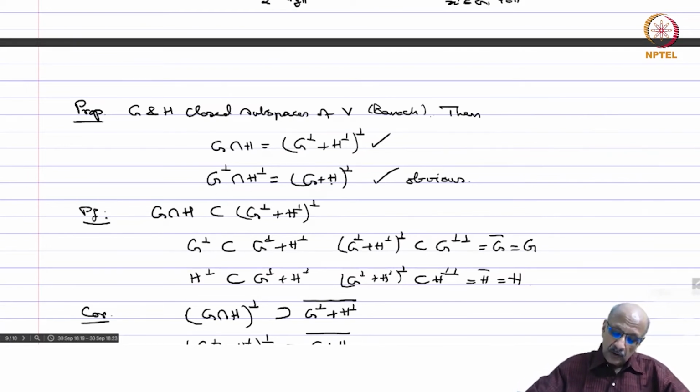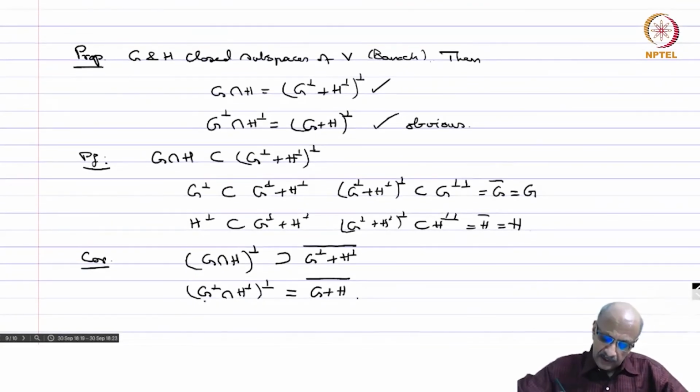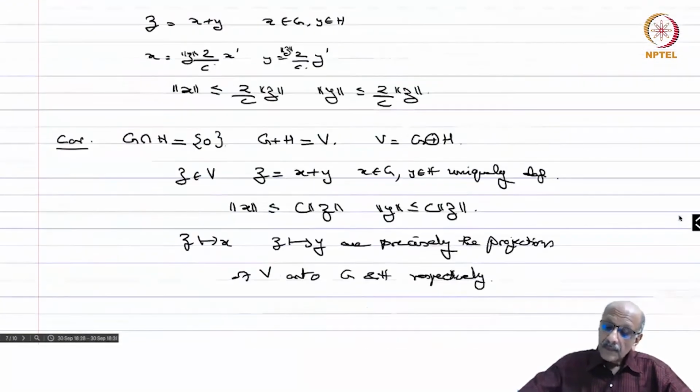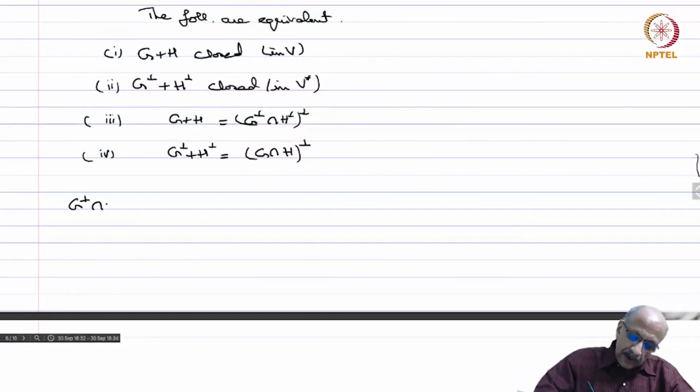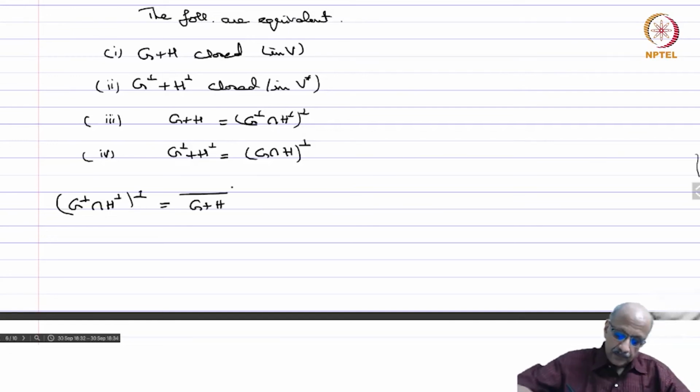And then we had the further corollary that G perp intersection H perp, perp is the closure of G plus H. So G perp intersection H perp, perp equals the closure of G plus H. So if G plus H is closed, then this is G plus H and you have relation 3.